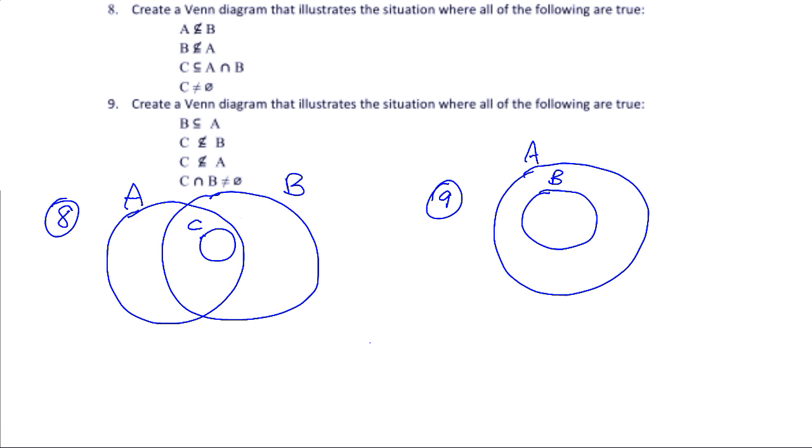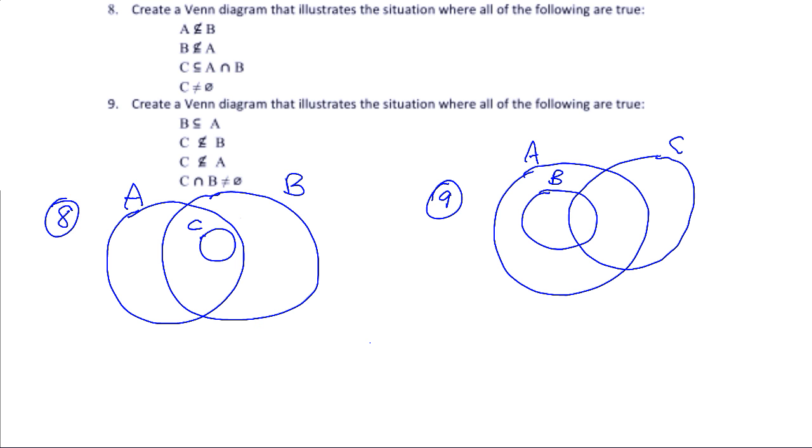So at least part of C has to be on the outside of A, because C is not a subset of A, but the set C has to reach in and overlap with B. So I'm going to do that.